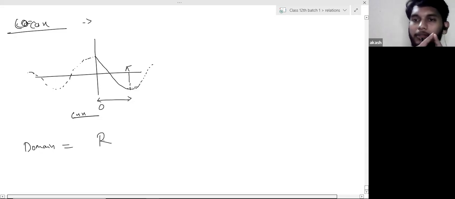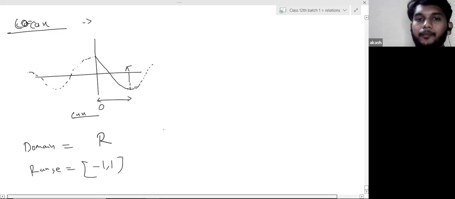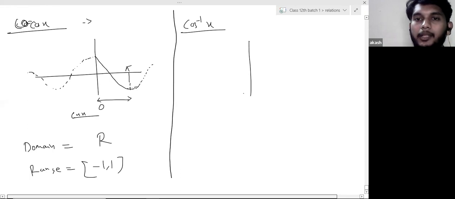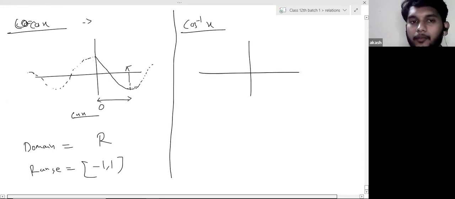Domain is R. Cos x is possible for all real numbers, but range is again minus 1 to 1. So what will happen to cos inverse x? What will be the graph here? See, the graph we are going to plot is for this only. So if you put pi, we are getting minus 1. So if you put minus 1, you will get pi.